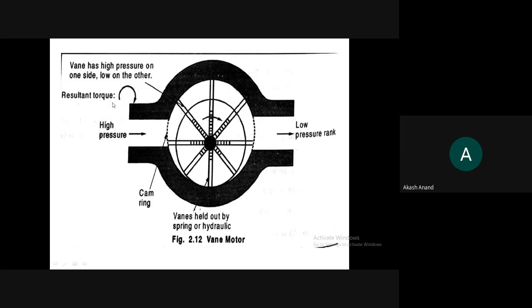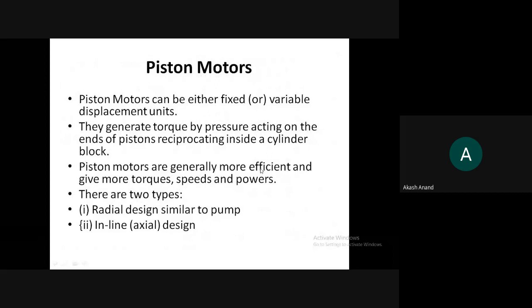So the vane has high pressure on one side and low on the other side, so that the vane will rotate inside the casing.